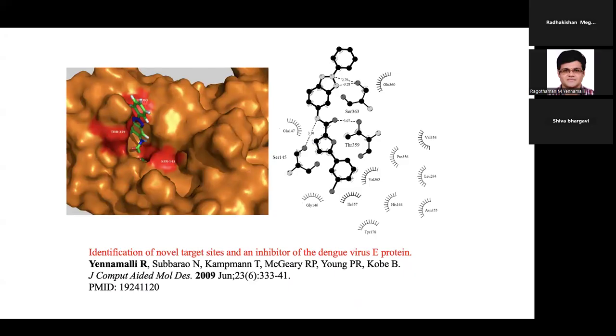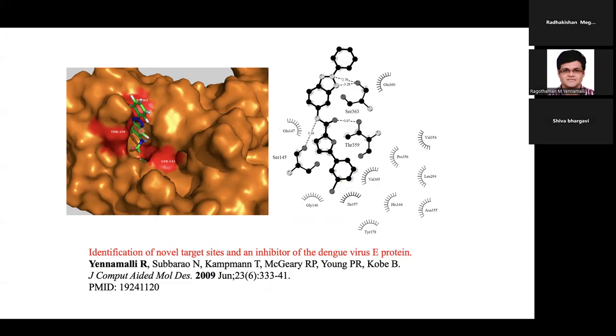So now we have an initial starting molecule, you can say, that can bind to the envelope protein and makes some interactions with it. So this we ended up publishing in 2009.